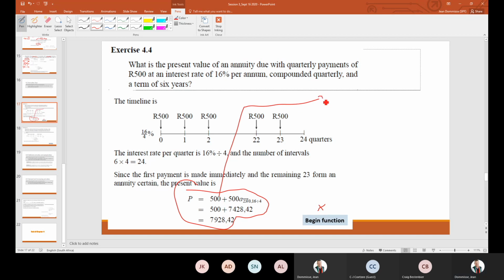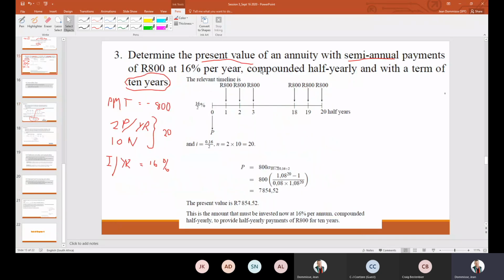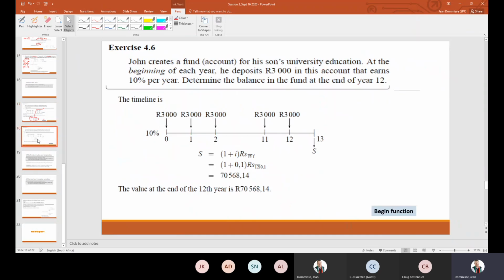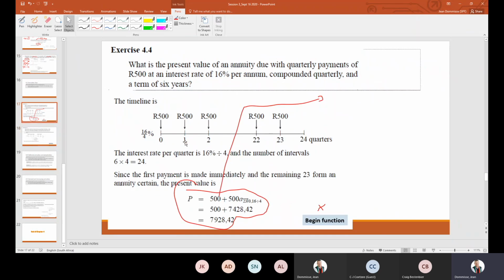Okay, so nearly like all of the previous questions. The one thing we now need to remember, and again, why timelines are so important, is that in your previous questions there was no payment in that first one, but all the rest happened. Here, there is a payment in the first one, but not in the last one.